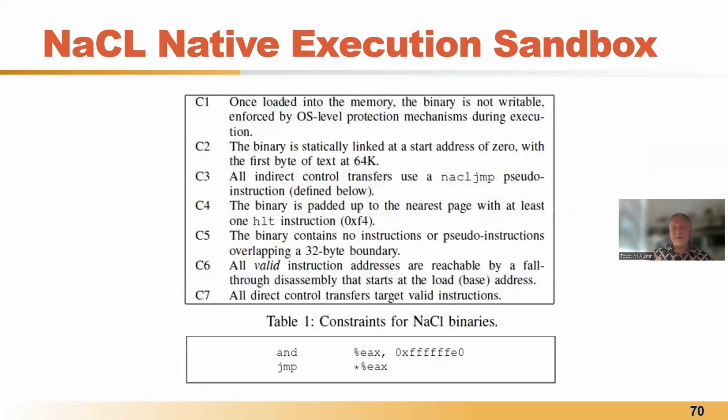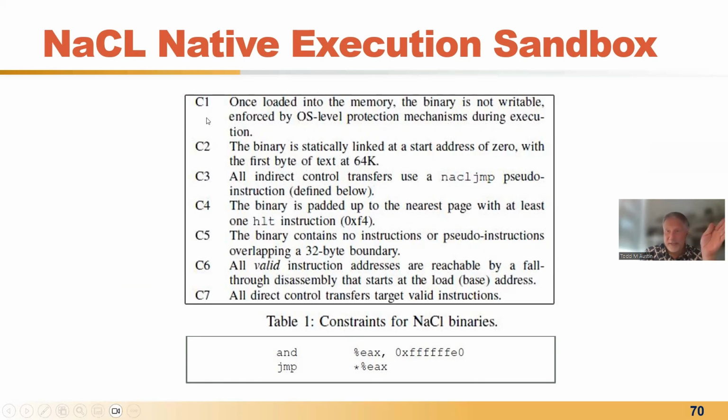Now, one of the things you have to do, you have to prevent arbitrary code execution within these native client sandboxes. And so Google has this fantastic technology called the native client NaCl execution format, which essentially makes it pretty close to impossible, through formal methods, to do arbitrary code execution. And so essentially what they do is they have these rules.